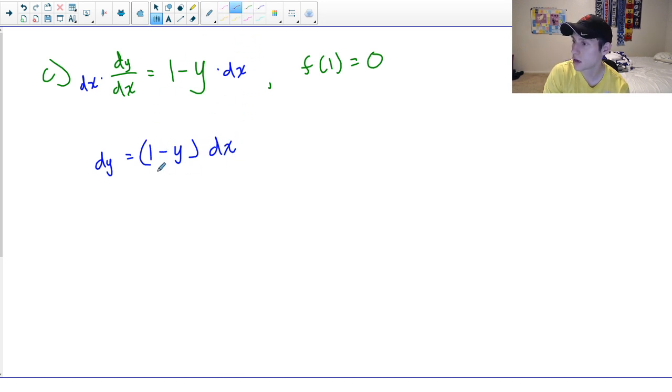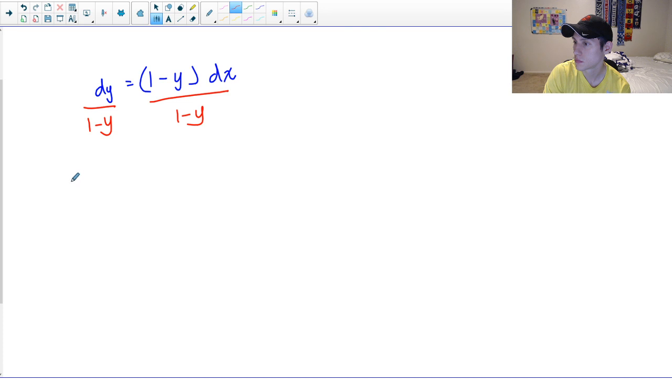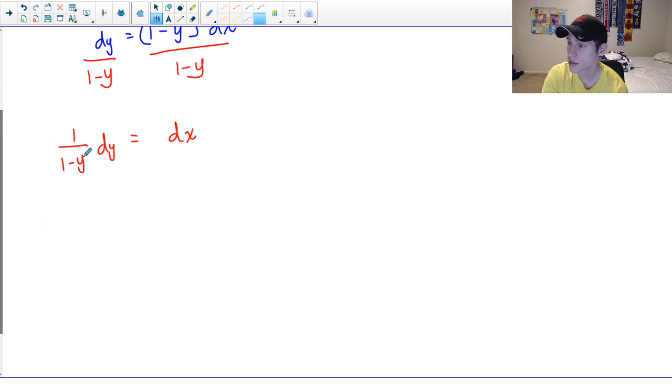So instead, I will divide by 1 minus y on both sides. And then on the right side, I just have dx. From here, now that the equation is separated, we need to integrate both sides.